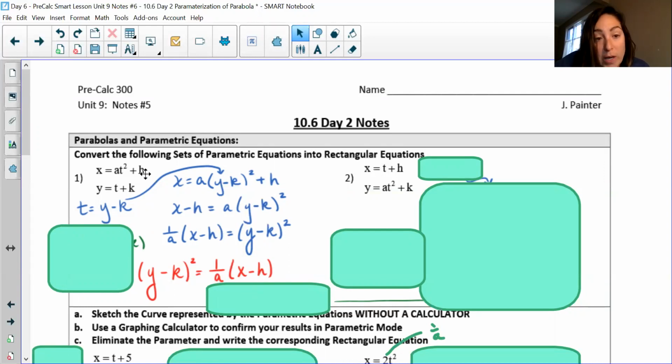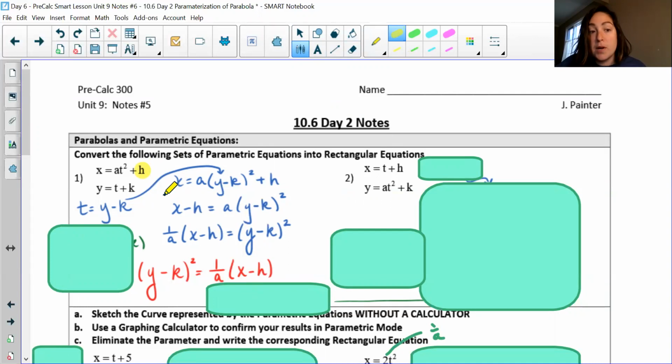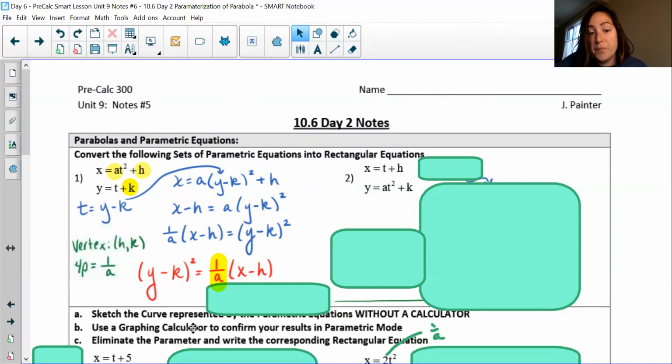So looking at your equation, the constant with x is our x coordinate of our vertex. The constant with y is our y coordinate of our vertex. And then we also have that 1 over a is equal to 4p. So that means that the reciprocal of a is equal to our 4p value.